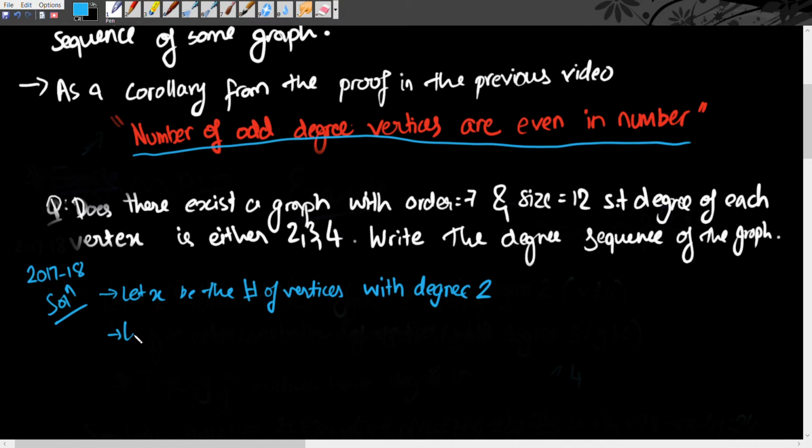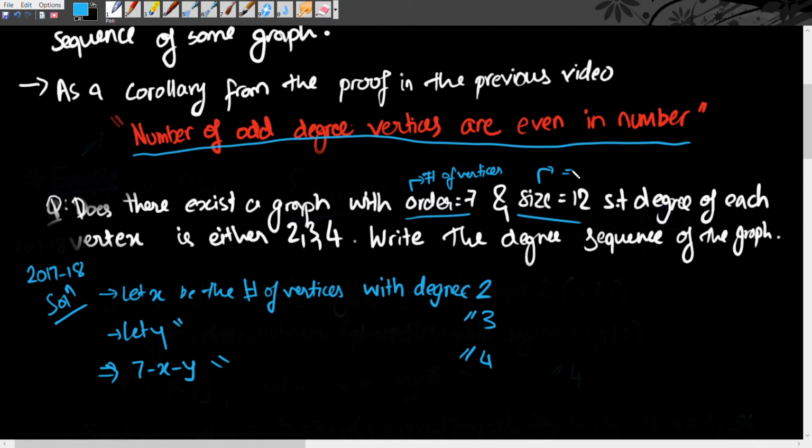Similarly, let y be the number of vertices with degree 3, and therefore we have 7 minus x minus y as the number of vertices with degree 4. Alright, because it's given that your order is 7 and size is 12. So for those who don't know, order is equal to your number of vertices and size is the number of edges.